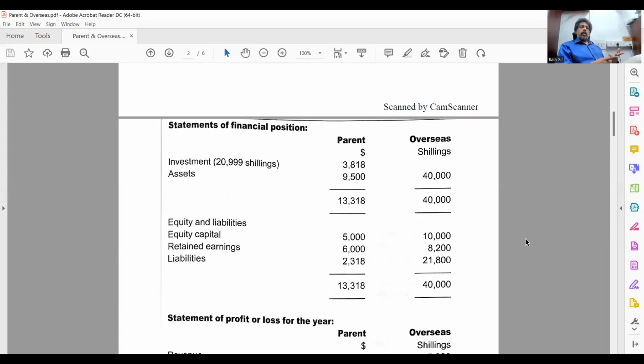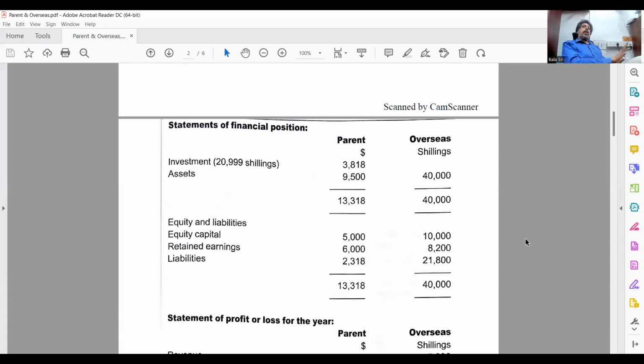It is 8,200 shillings. But what is the opening balance? That means 2,200 shillings is the profit made by the subsidiary in the current year, which is all post acquisition. Understood? Yes. So 2,200 shillings is all post acquisition retained earnings.